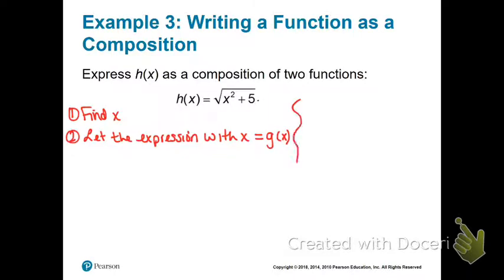Alright, so what that looks like so far. Now we got more steps, but just so far. So I see that x is right here, but I see its expression is the whole thing underneath there. So our g of x is going to equal the x squared plus 5.